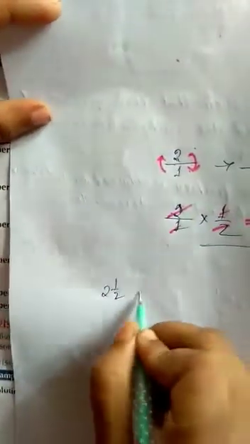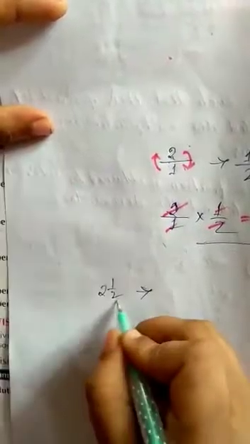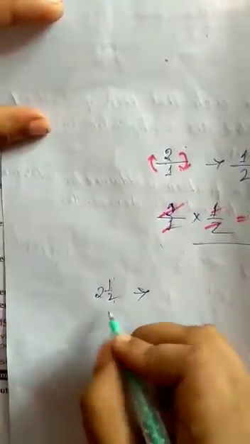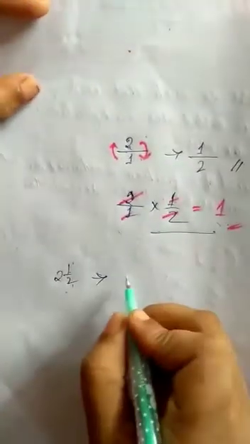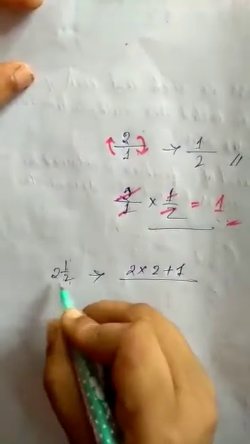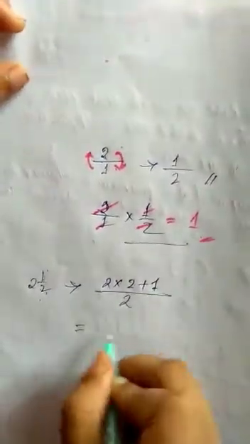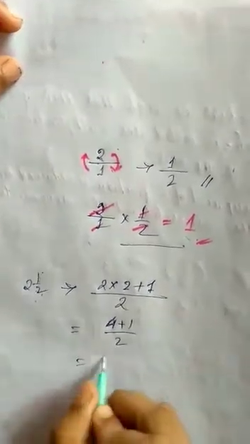How will we write the reciprocal of this fraction? Don't be confused that the 2 will go up and the 1 will go down. At first you have to convert it into an improper fraction, then write the reciprocal. All of you know that you multiply 2 by 2 plus 1, divided by 2. So 2 twos are 4, plus 1, divided by 2, so 5 by 2.